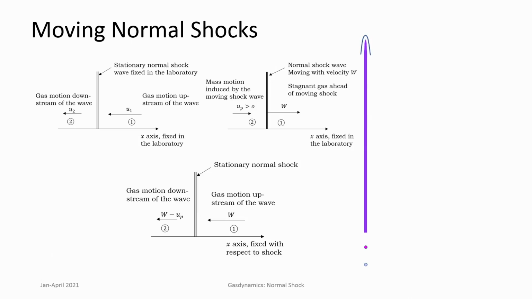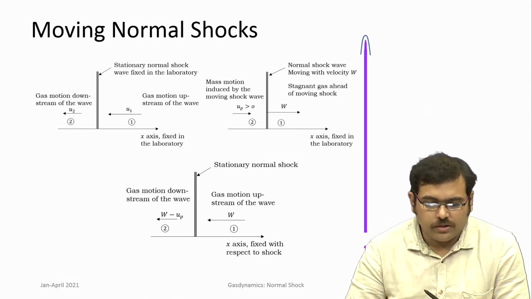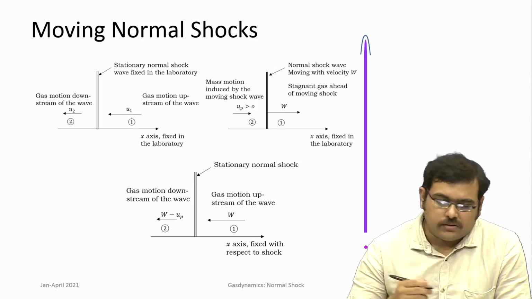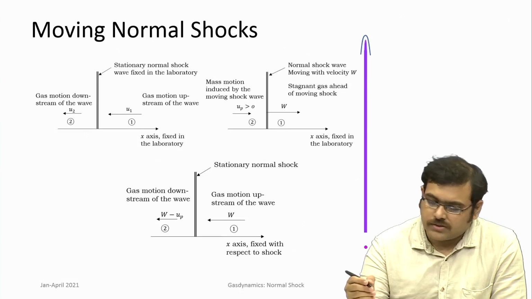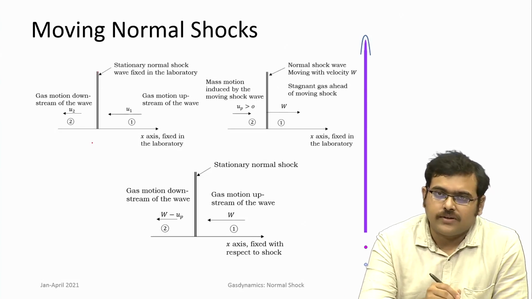So, you can look at these schematics. What we normally consider till now is that of a stationary shock, okay, that is a fixed shock. So, in a fixed shock, what is happening is you are already having a supersonic free stream.